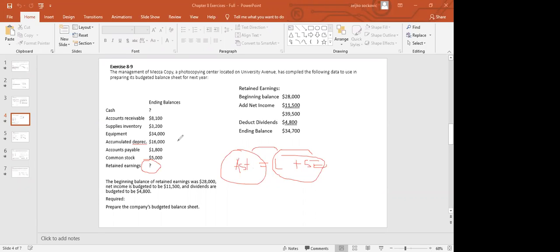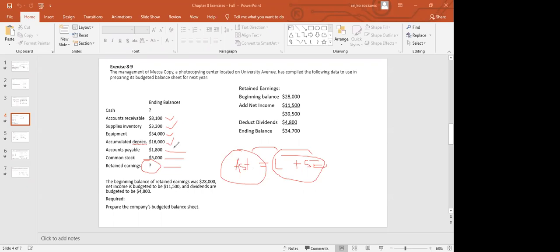So now you say to yourself, okay, what are the assets here? Well, the assets here: accounts receivable, inventory, equipment, accumulated depreciation, a contra asset. And then what's liabilities? Accounts payable. And what's in the stockholders' equity? Common stock, retained earnings.